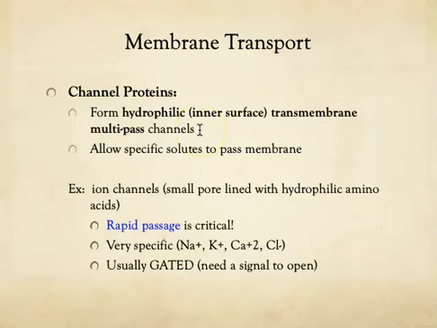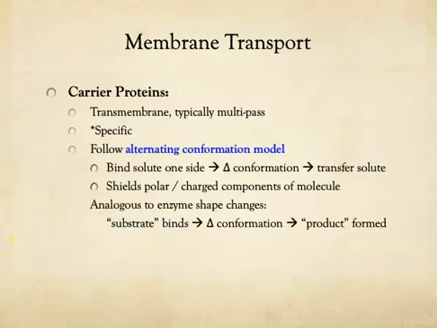And as we said previously, channel proteins have to be lined with hydrophilic polar amino acids. Carrier proteins are a little different. Carrier proteins are transmembrane and also multipass, but they are not going to contain this tunnel or this channel through the middle of them.